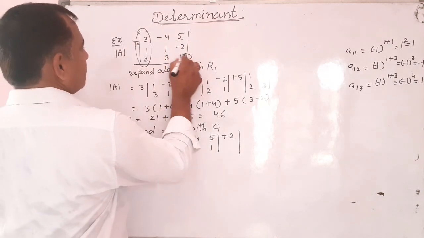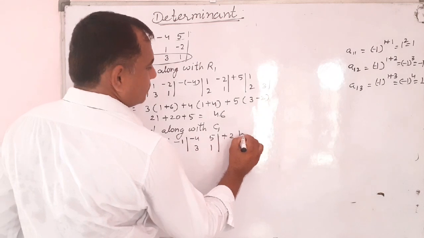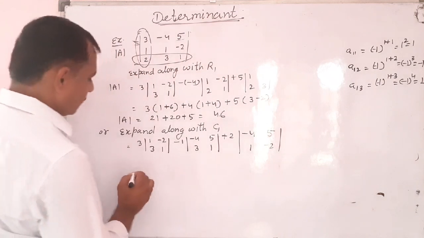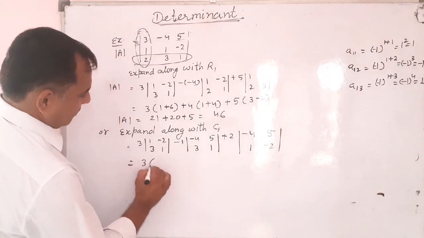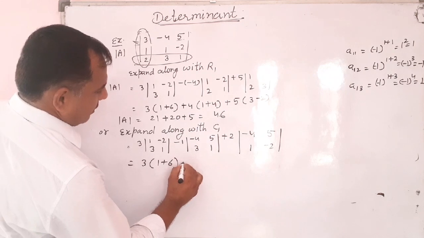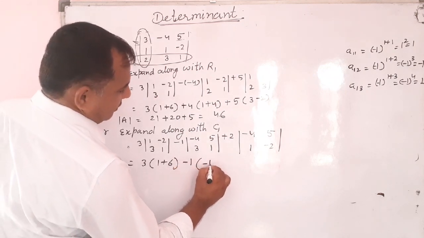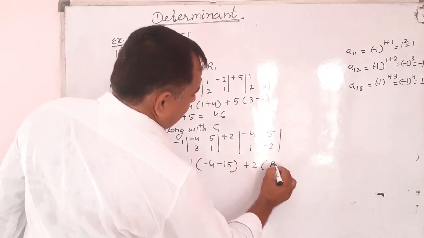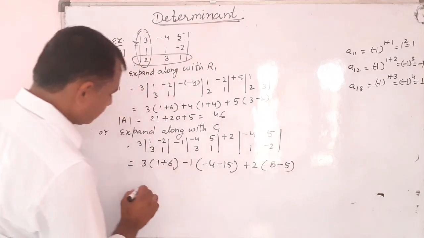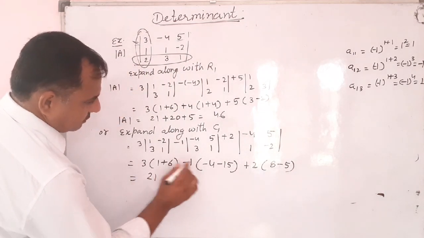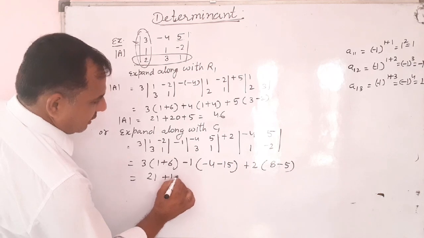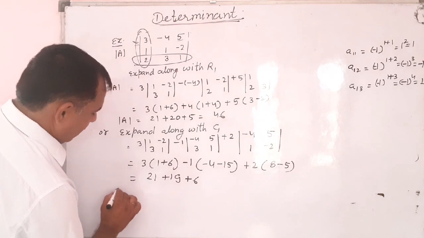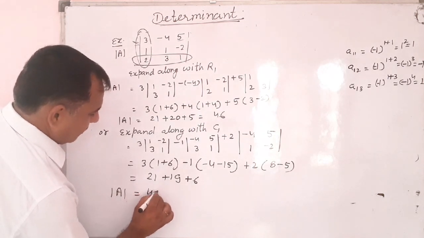Minus 4, 5, 1, minus 2, and solve. 3, 1 plus 6 minus 1 minus 4 minus 15 plus 2, 8 minus 5, 21 plus 19 plus 6, and value of determinant A is again 46.